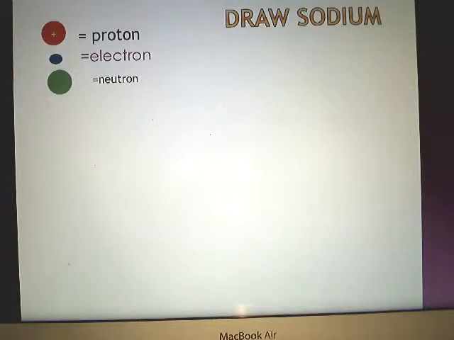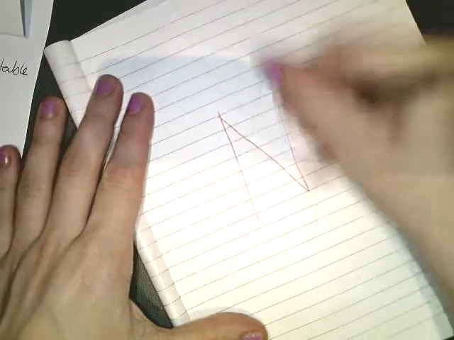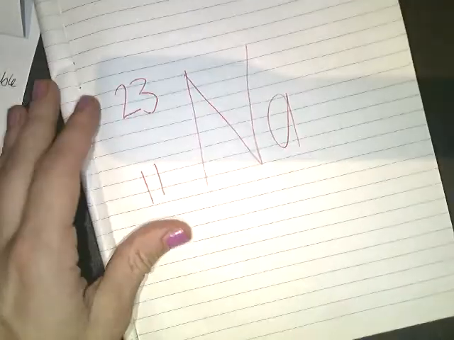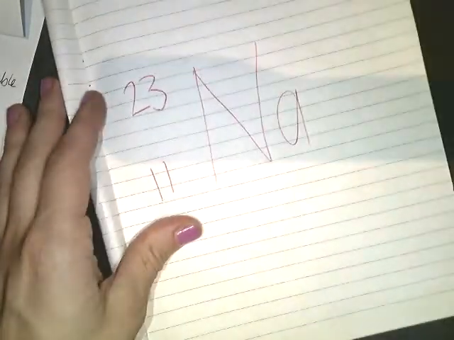I want you to draw all of the protons and all of the electrons and all of the neutrons. Now, if you don't know what isotope of sodium I'm talking about, that's a very good question to ask. I want you to do sodium 23, and 11 as sodium's atomic number.